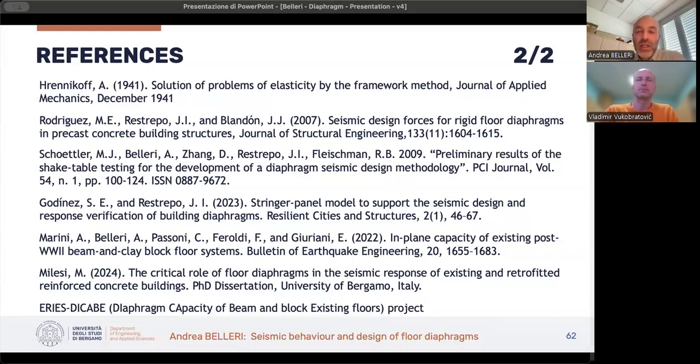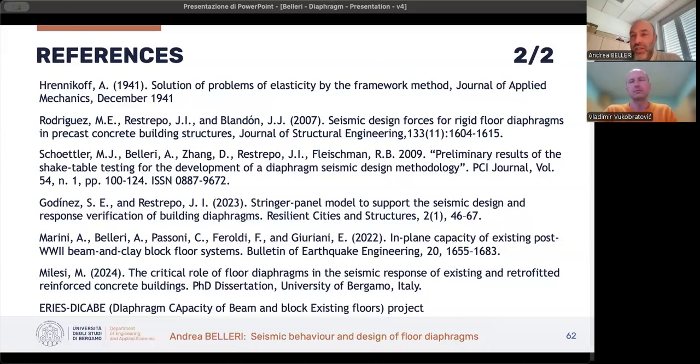So in that case, it depends on the material type. As I said, it's possible to use strut and tie models, the grillage model made in New Zealand for concrete slabs, or, recently, Professor Restrepo in California applied the stringer and panel model for reinforced concrete slabs, but it could be applied to other types of diaphragms.